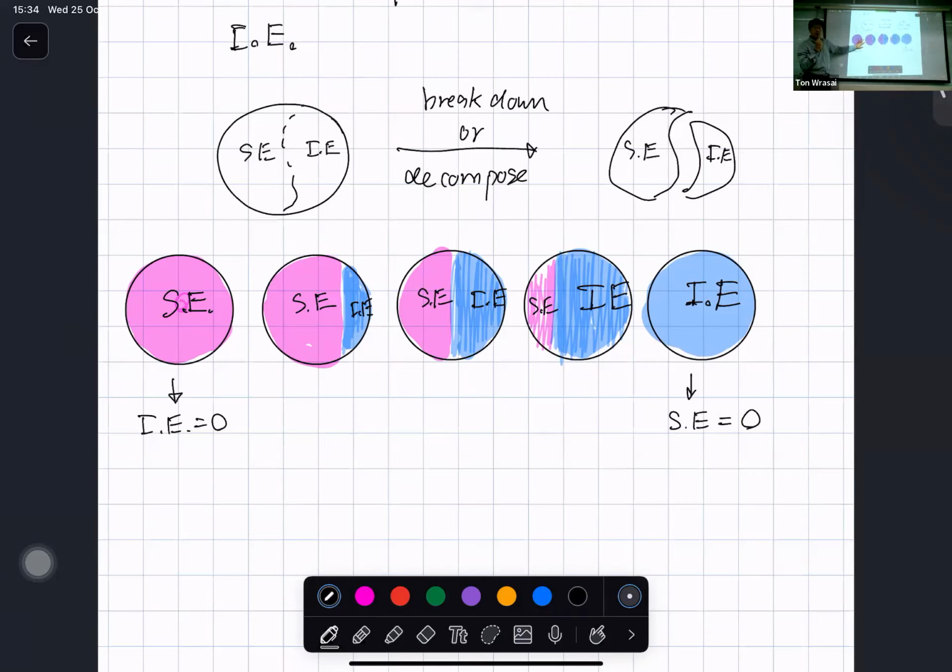We don't know. We will know only if we find a tool that can logically separate them. So then we can see the clear size of SE and IE. And now we are going to do it.